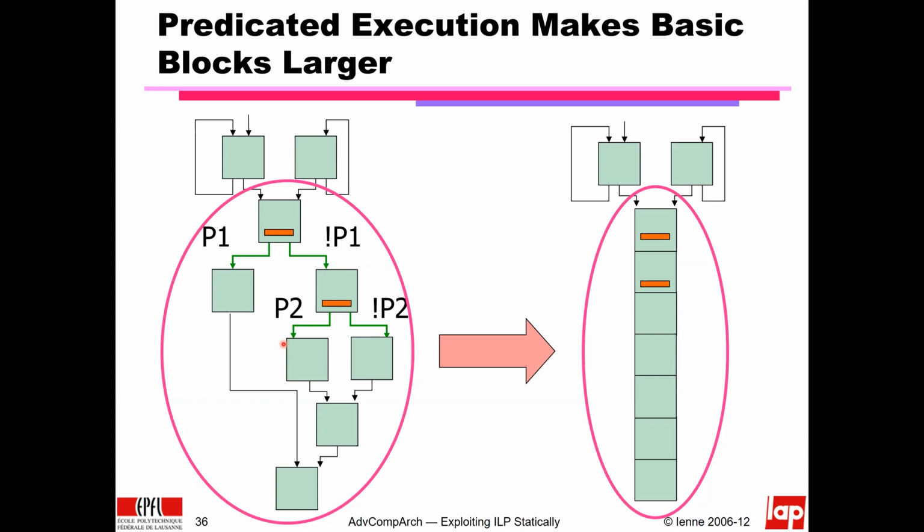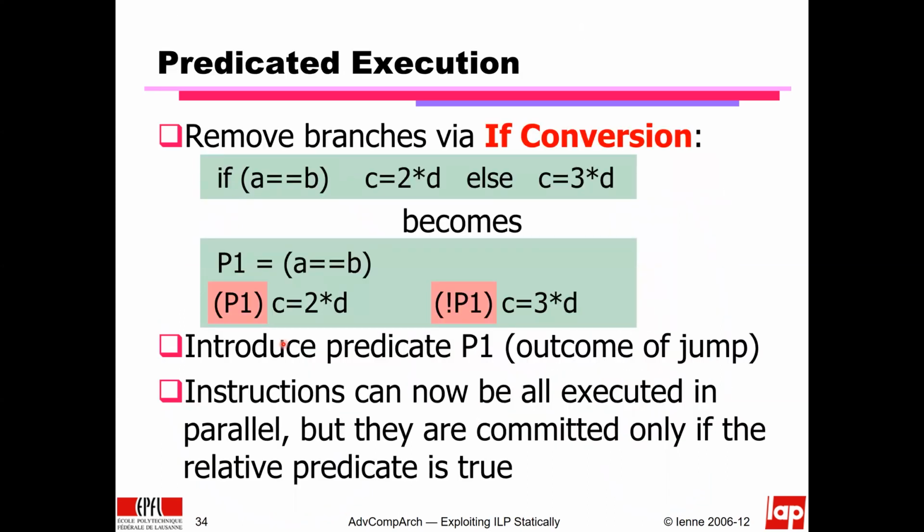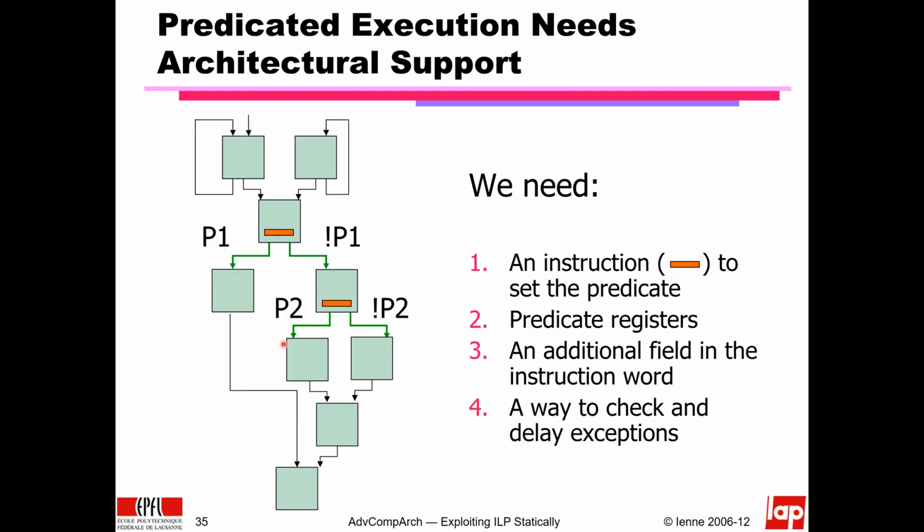Of course there are cases like my example where it is absolutely self-evident that it is a good idea because I do expose some parallelism in these basic blocks, but it may not be a good idea in some cases, and I'm tempted to ask you if you can think of a case where this is not a good idea.